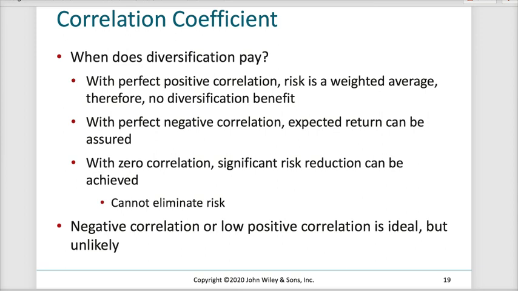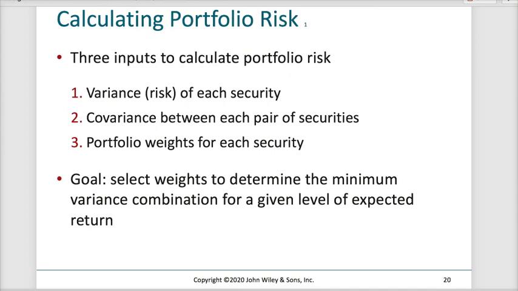It's not going to eliminate all risk. Negatively correlated or low positively correlated is more ideal in minimizing risk. A hedge is typically more of a negative correlation, closer to -1, where you're trying to protect your position with an opposite second position, sort of like getting a put contract on a stock while you're owning the stock.